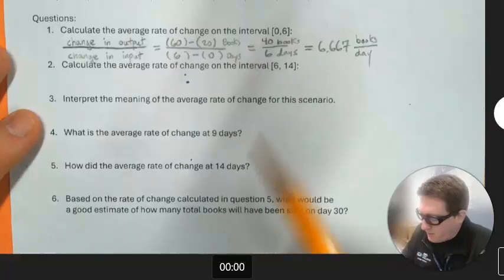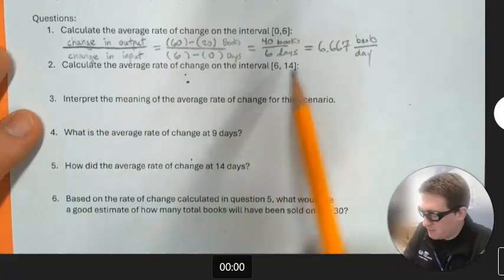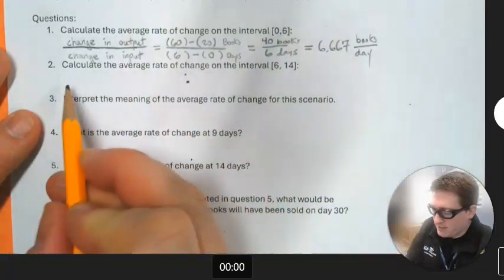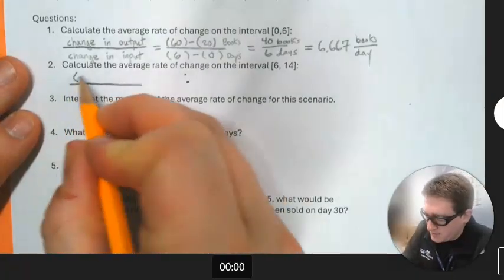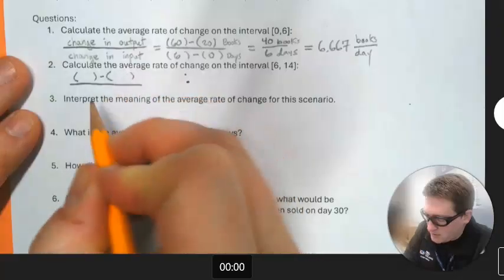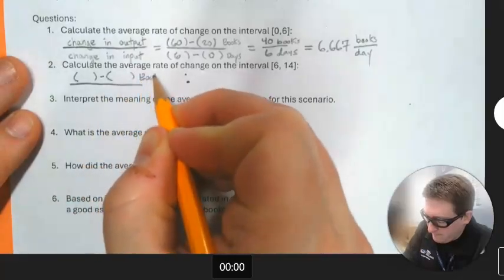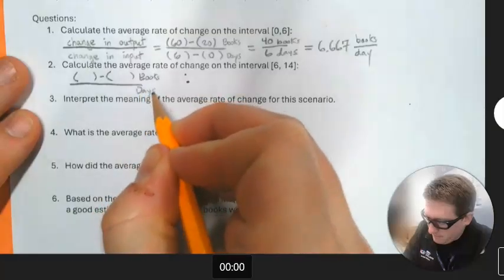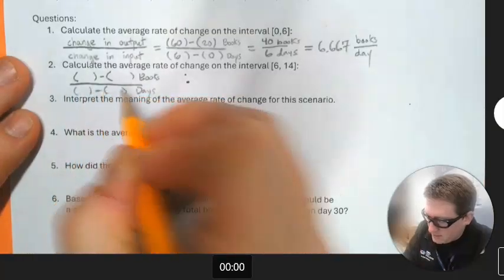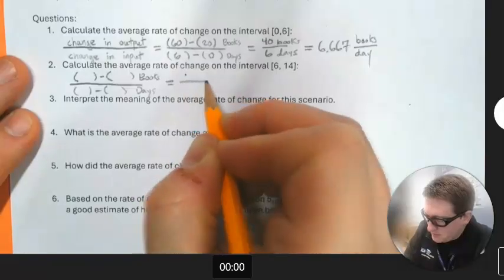Okay. Now it wants me to find the rate of change on the interval 6 to 14. So once again, it's the same formula. Let me set myself up for success. I know that I'm going to have books on top, make a note, and I'm going to have days on bottom, and I'm subtracting 2 numbers to get an answer.